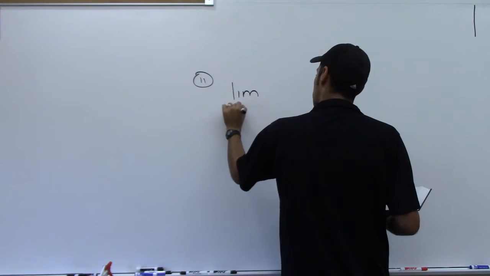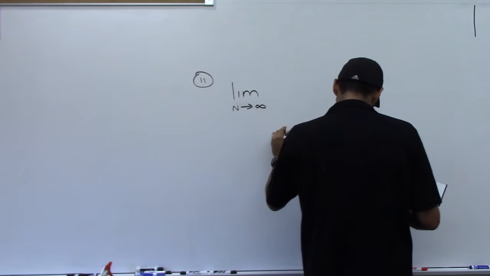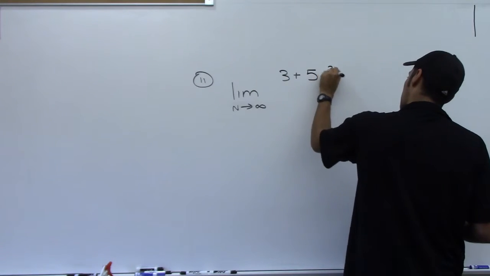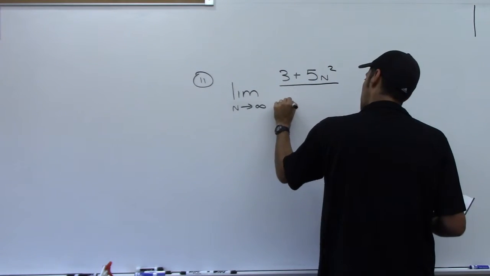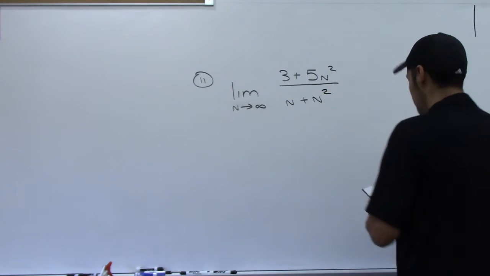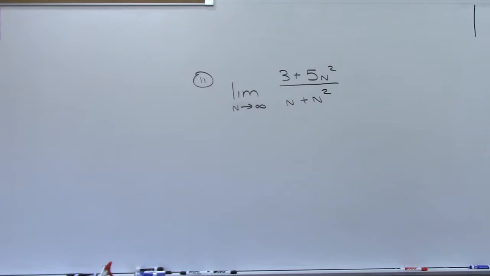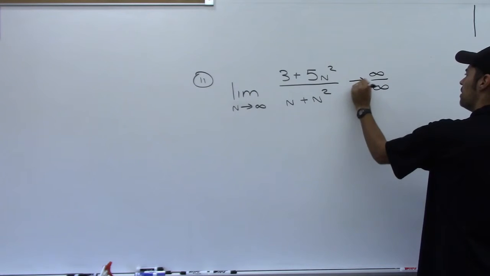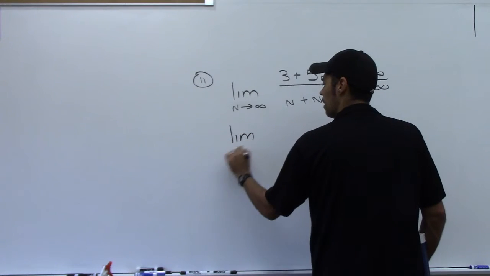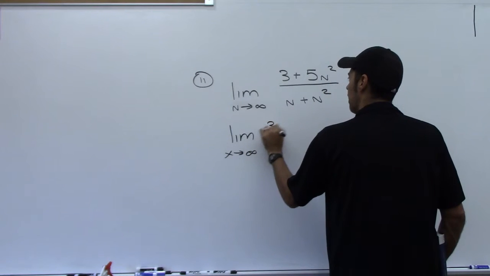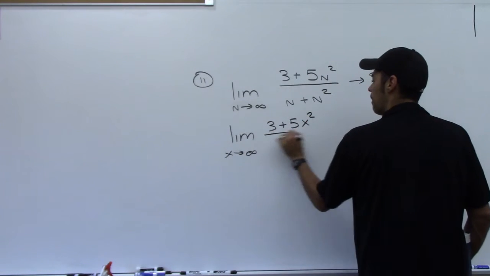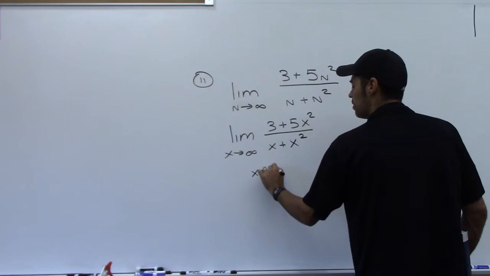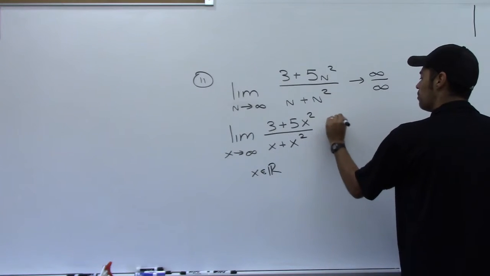Limit as n goes to infinity of 3 plus 5n squared over n plus n squared. All right, we're going to do this the exact same way. If we let n go to infinity, we get infinity over infinity. That's where this is headed. So I'm going to rewrite it, replacing all of the n's with x's, and treating this as a function of x, where x is in the real numbers. And then I can apply L'Hopital's rule.